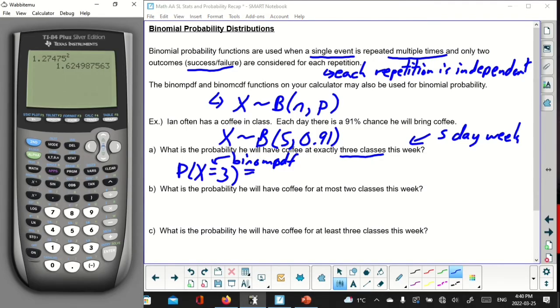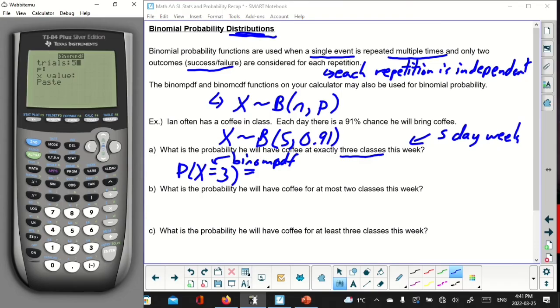So I'm going to turn on my calculator. I'm going to clear everything. And here's what I'm going to do. I'm going to press second vars for distribution. Notice here it says binomial probability distribution. And we're going to go down until we hit binomPDF. With this operating system, at least, it asks us some questions.